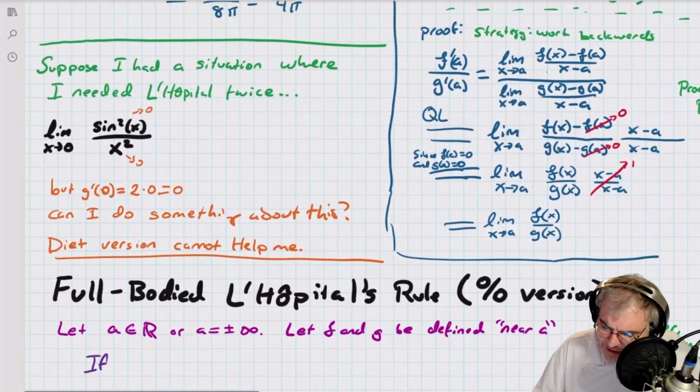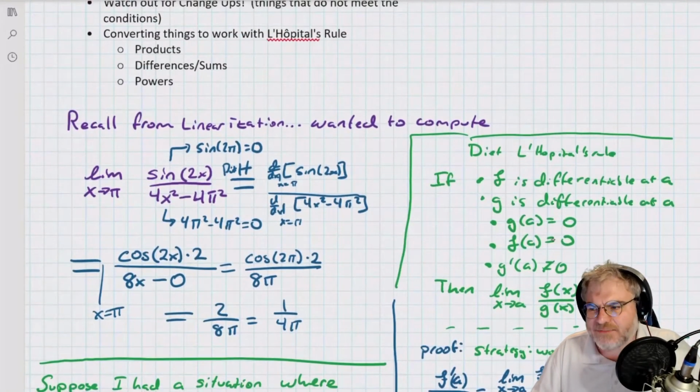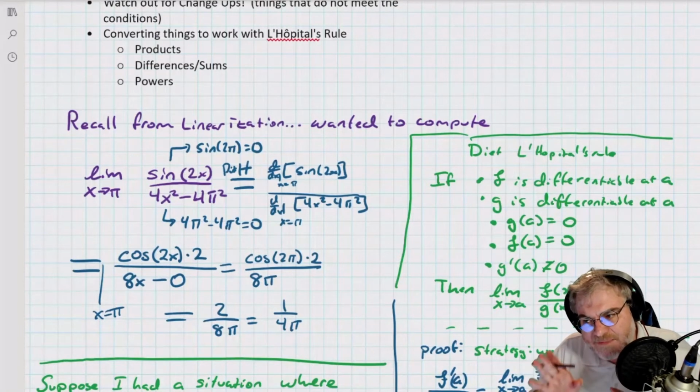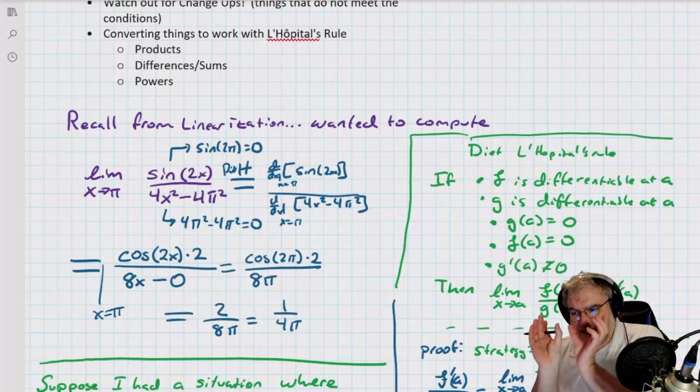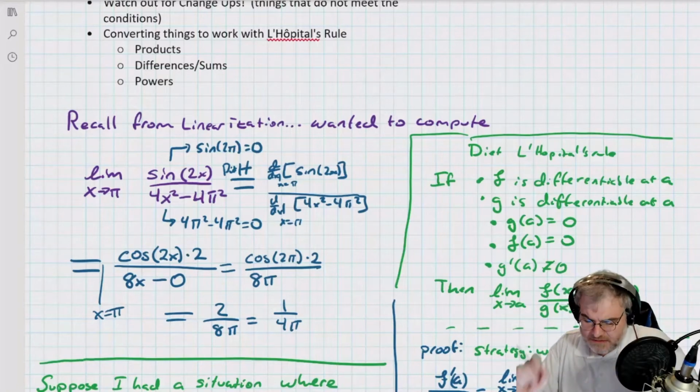Before, I only needed this to be differentiable at a itself. Now I need it to be differentiable in a neighborhood near a. Not at a. I'm not requiring it to be differentiable at that point. But that's going to mean I'm going to need intervals on both sides where it is. Okay?